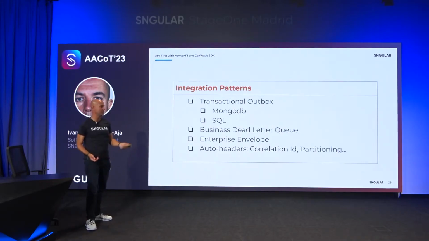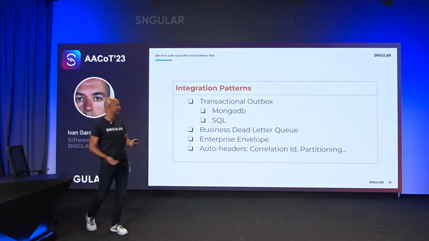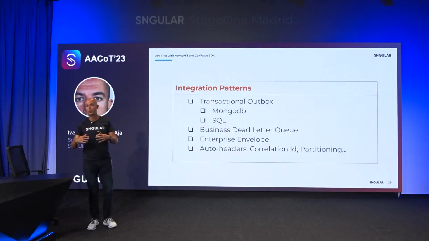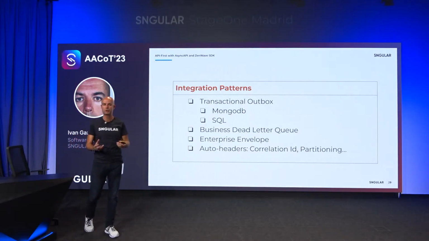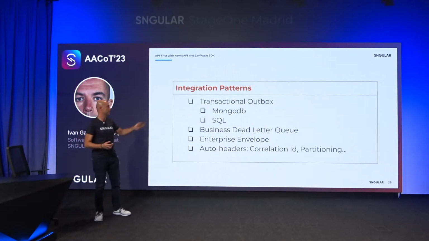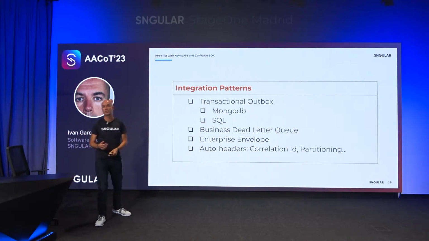And for the integration patterns, it supports Transactional Outbox. So you can configure the generator to create an implementation flavor for you that will send your messages to the broker as part of a transaction. I mean, we have support for MongoDB and SQL.